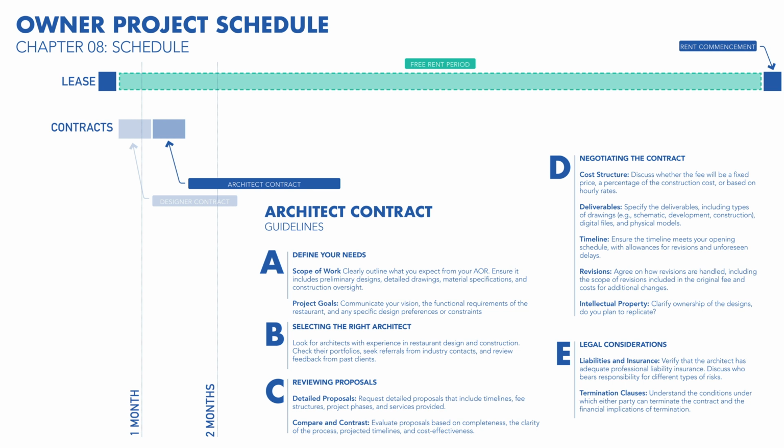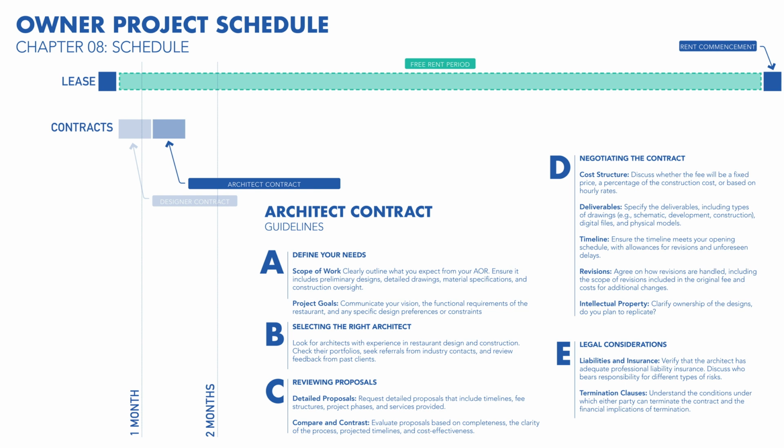Agree on how revisions are handled, including the scope of revisions included in the original fee and costs for additional changes. Lastly, there's intellectual property. Clarify ownership of the designs, especially if you plan to replicate the concept in future locations.